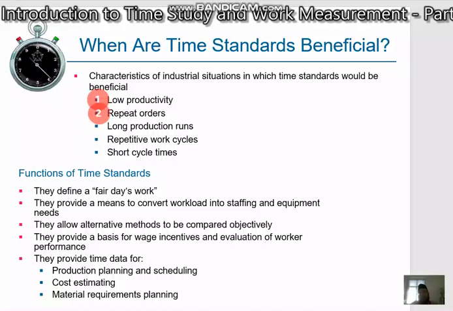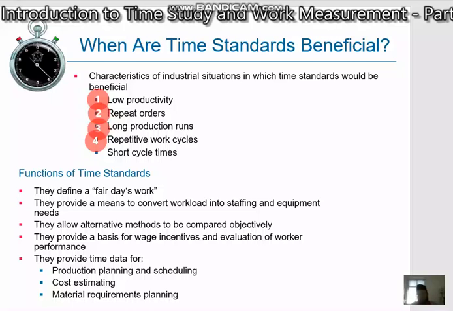Second example, repeat orders. Once the time standard is set during the first order, the same standard can be used for successive orders. In long production runs, the time invested to set the standard is apportioned over more parts, thus reducing the average cost of the work measurement. Time standards are also beneficial when we want to study repetitive work cycles.